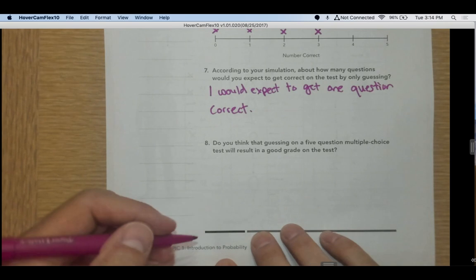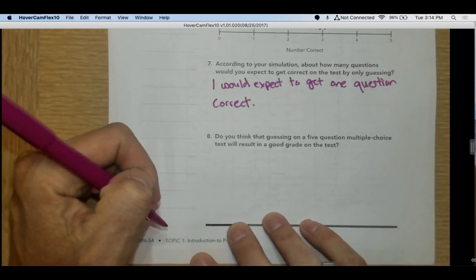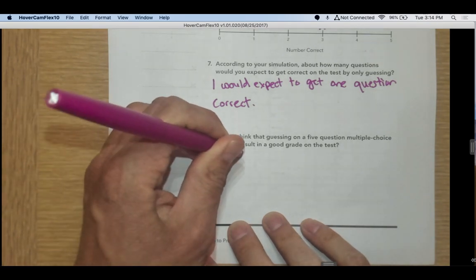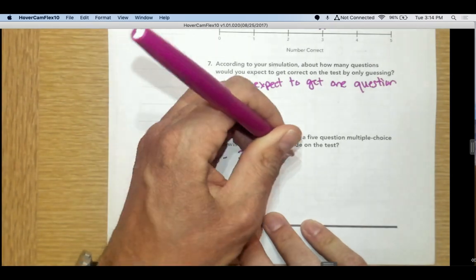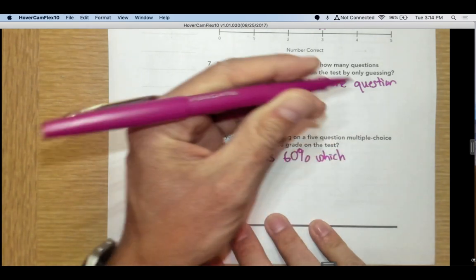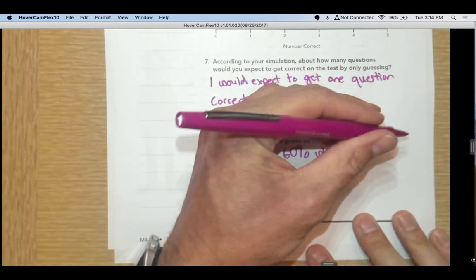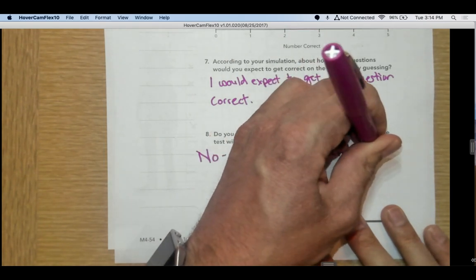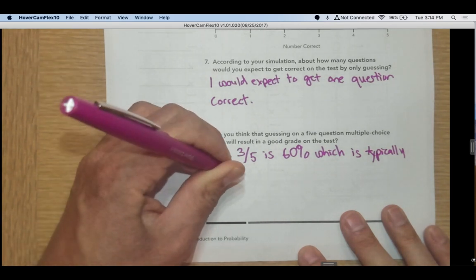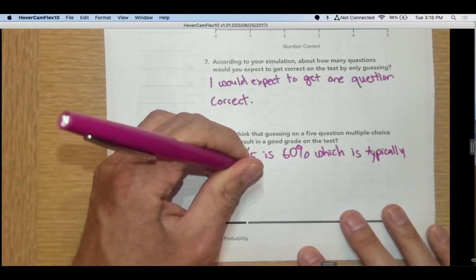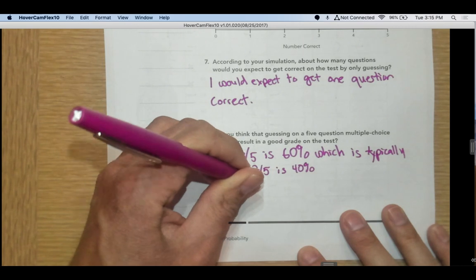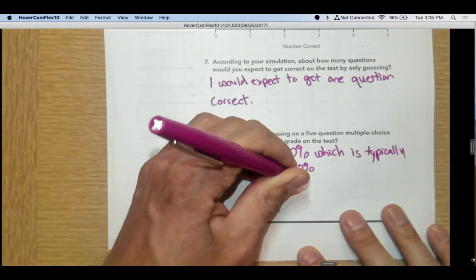Do you think that guessing on a 5-question multiple choice test will result in a good grade on the test? No. 3 out of 5 is 60%, which is typically a D. 2 out of 5 is 40%. 1 out of 5 is 20%.